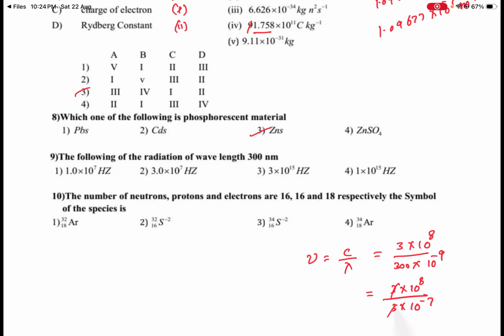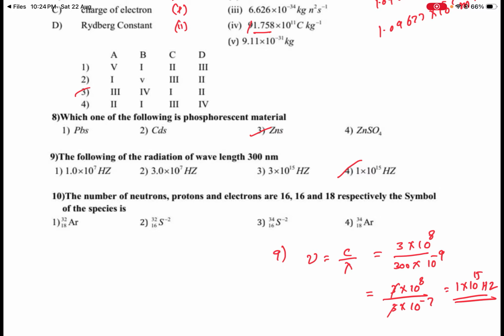So the 3 will get cancelled. Taking 10 power minus 7 to the numerator, it becomes 1 into 10 power 15. Units are Hz. The options are 1 into 10 power 7 Hz, 3 into 10 power 7 Hz, 3 into 10 power 15 Hz, 1 into 10 power 15 Hz. So the fourth one is the correct one. Okay. This is the ninth one.